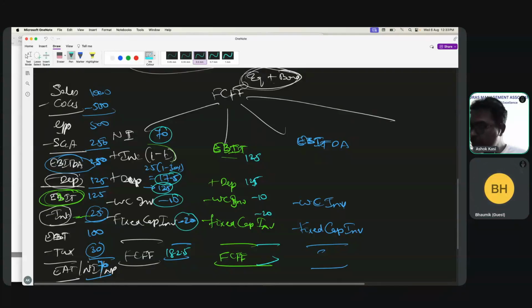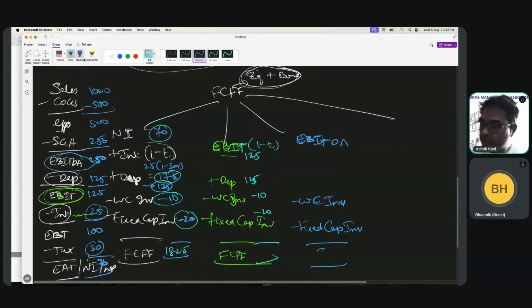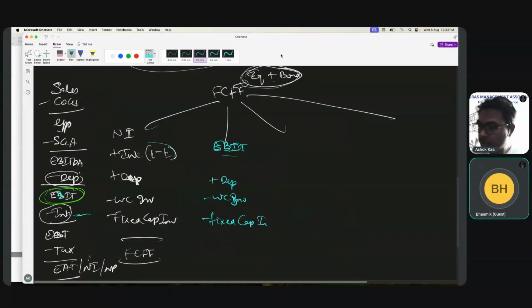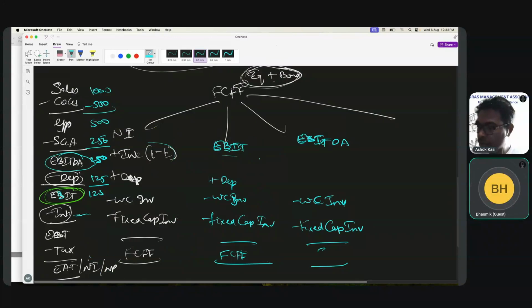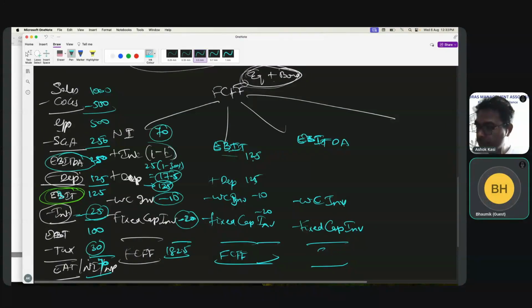There is a mistake. This should be EBIT into 1 minus tax, because I have to pay tax from EBIT anyways. So 125 into 70 percent gives 87.5.